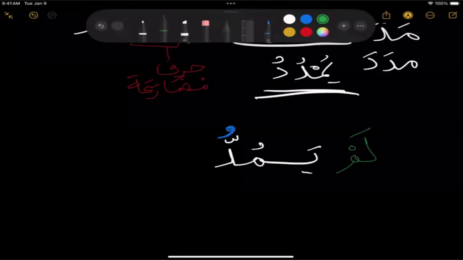What's the sign of jazm? The original sign of jazm is sukun. If we keep those dals together, then we cannot put a sukun here. Then we're going to only estimate that sukun and put a fatha. So then it's going to become lam yamudda.